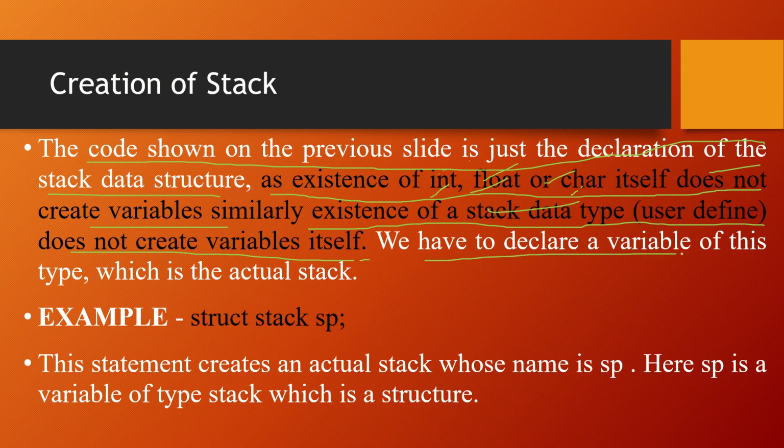So we have to declare a variable of this type, which is the actual stack. The variable that we declare as stack type is the actual stack. For example, struct stack sp. So sp is a variable of stack type which is a structure.